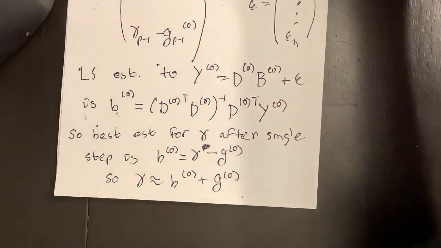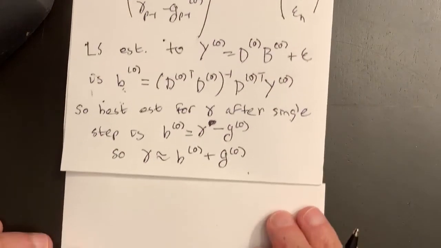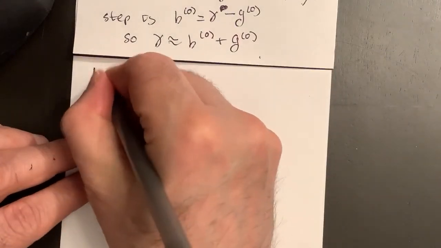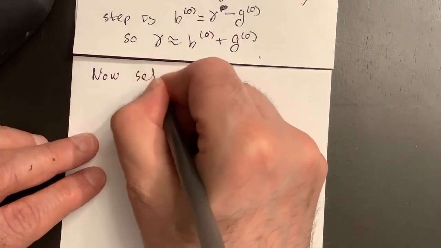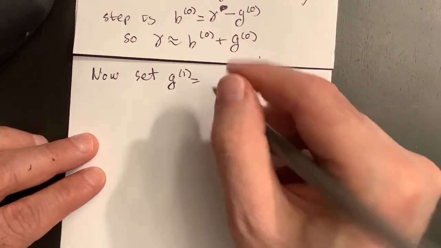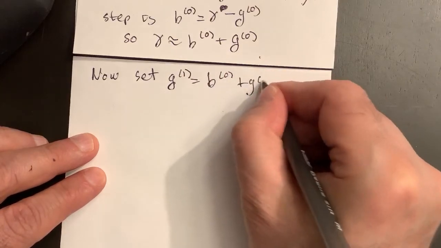So what would you do next? Well, it should have improved itself, right? So we iterate. Now set g1 equal to the estimate of gamma, b0 plus g0.